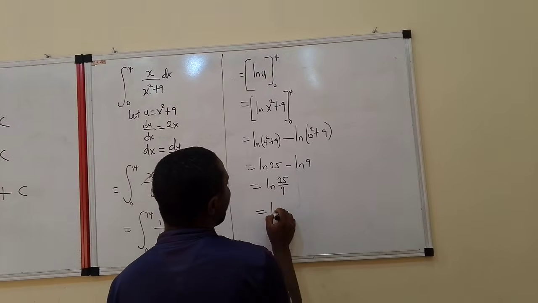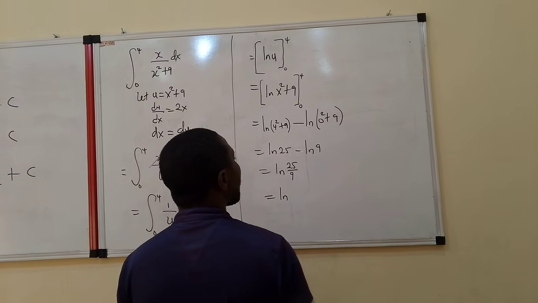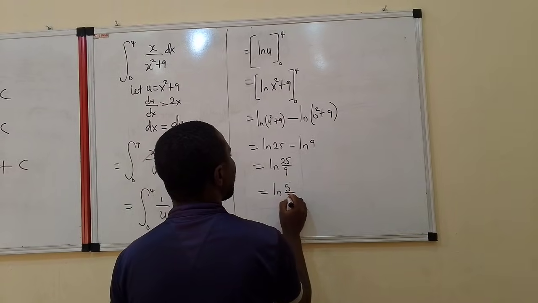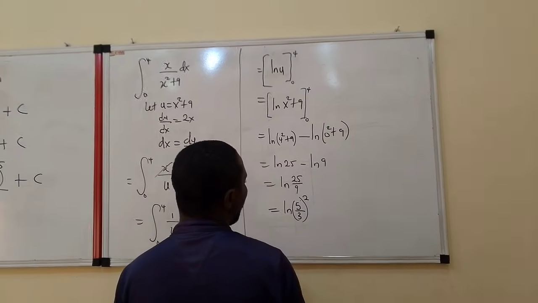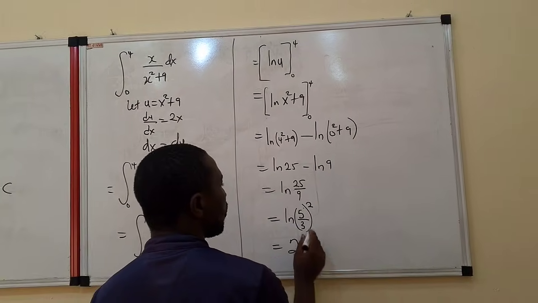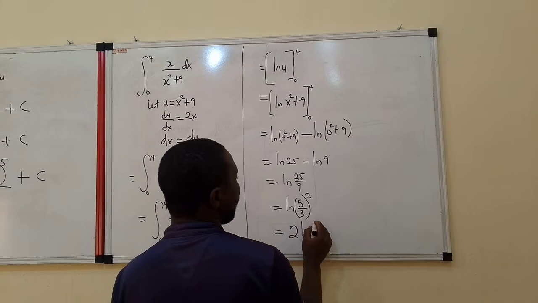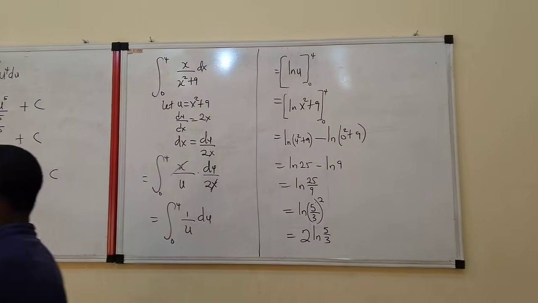It equals natural log of 25 over 9, which can still be expressed as 5 over 3 raised to the power of 2, which equals 2 natural log of 5 over 3. Take the 2 backwards. That's my final answer.